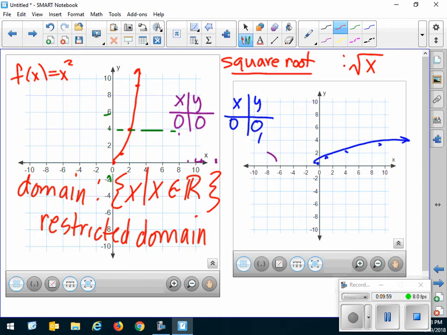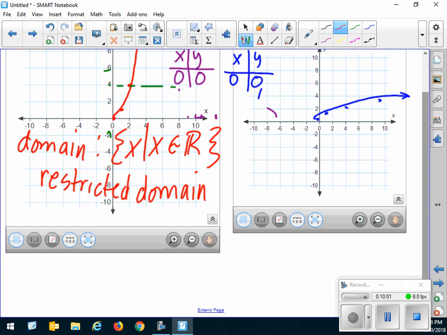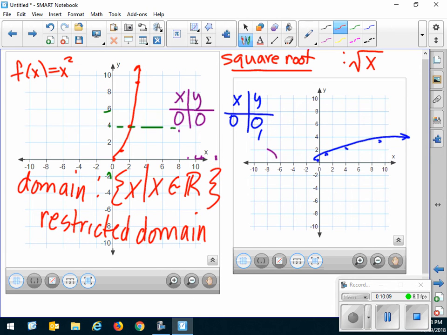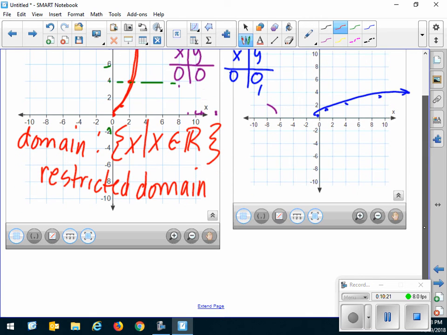So notice I cut off all the x's that were negative. I don't have them anymore. So what is the domain of that red graph right here? It's all x such that x is what? Yep. It's all x such that x is greater than or equal to 0.